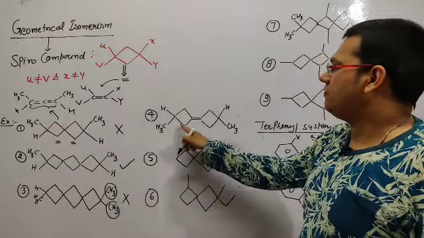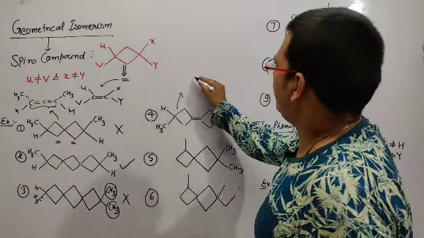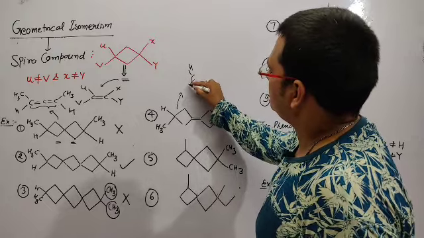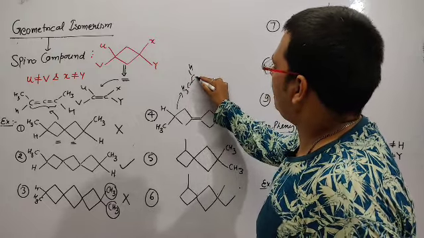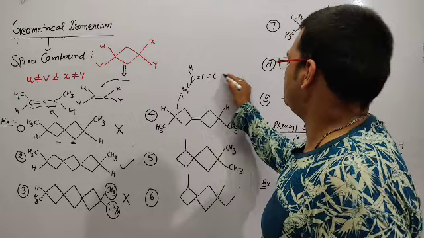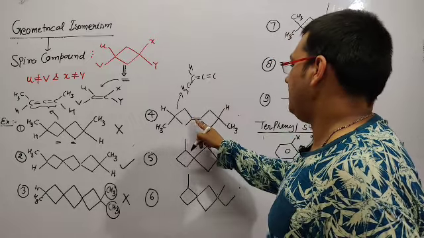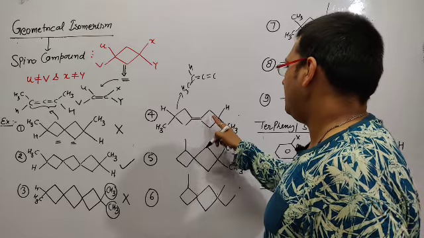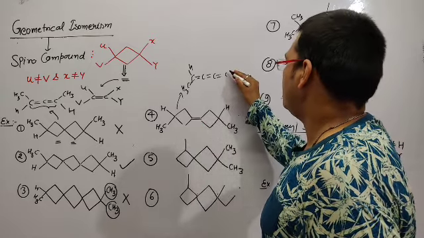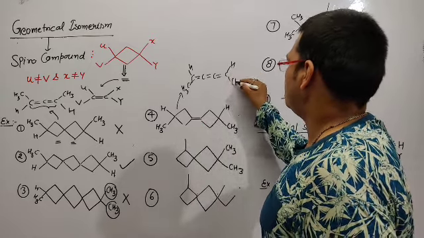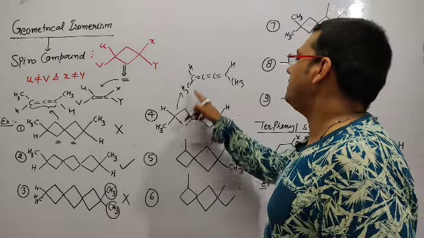Now here, what do you write? You can write H, CH3, double bond, C. Okay, this double bond, and here always a double bond is given, and here also a double bond, and here H. So you treat it as a ring double bond.